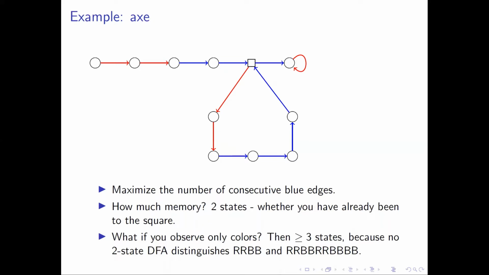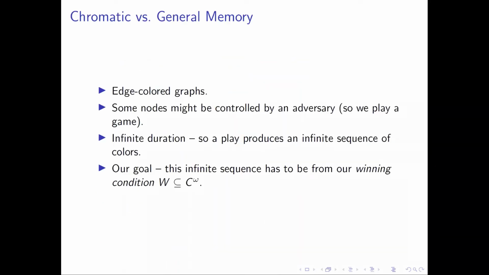But the conclusion here is that in this specific task, we need two states of general memory and at least 3 states of chromatic memory. More generally, I'm interested in the following problem. We consider H-colored graphs. But the difference from the previous example is that some nodes might be controlled by an adversary. It means that in these nodes, the adversary decides where to go next, not us.